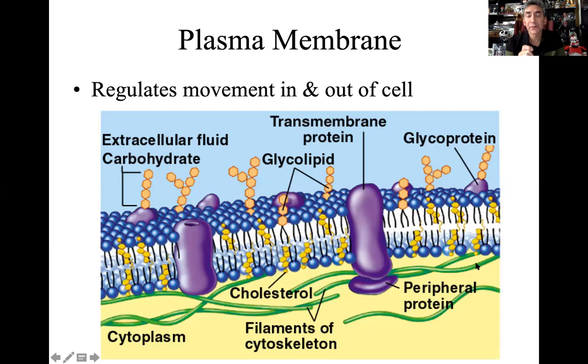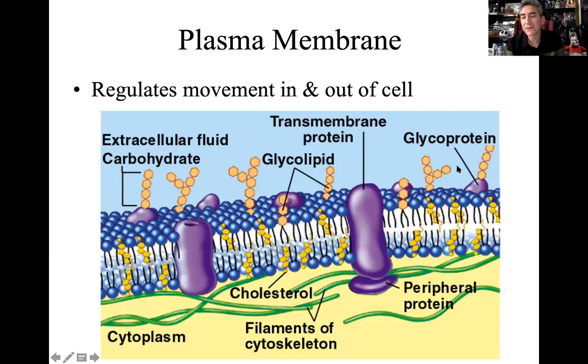Now, if you're retaining all the information that we've covered, if you see these little hexagonal shapes, I hope you remember what those little hexagonal forms are. Those are carbohydrates, right? Carbs. They're between 3 and 20 monosaccharides joined together, and they're marking the surface of these proteins or the surface of the cell.